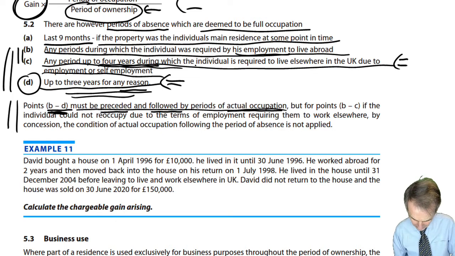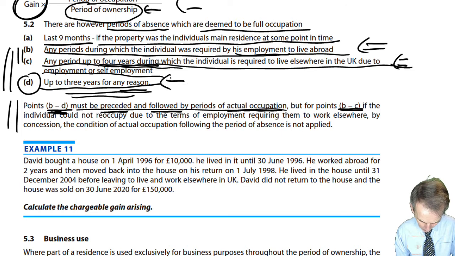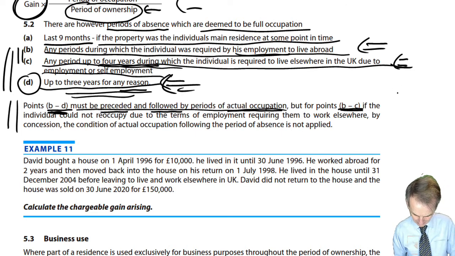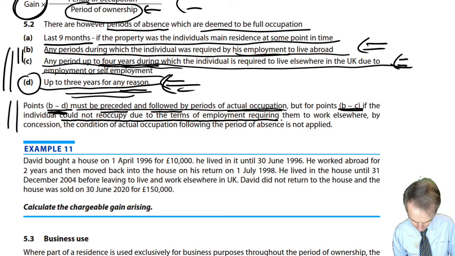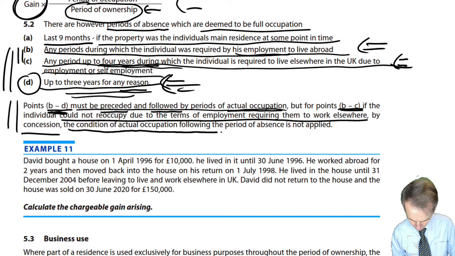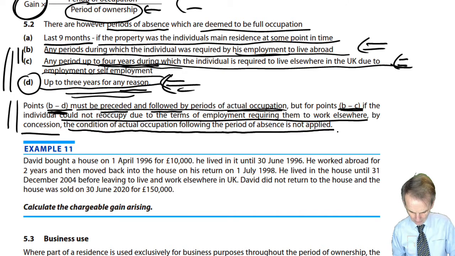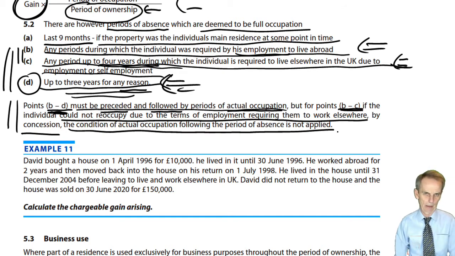And that's where these last couple of rules come in. But for points B to C, these are the employment or self-employment ones, not this one. This is just B to C. If the individual could not reoccupy due to the terms of employment requiring them to work elsewhere, then by concession, the condition of actual occupation following the period of absence is not applied.